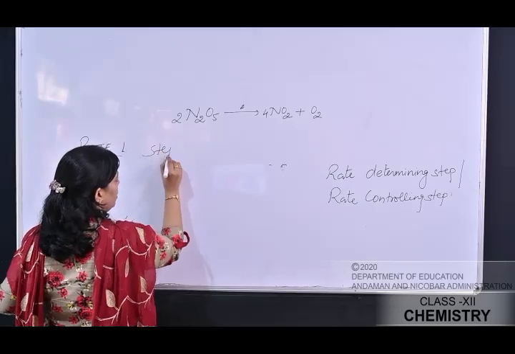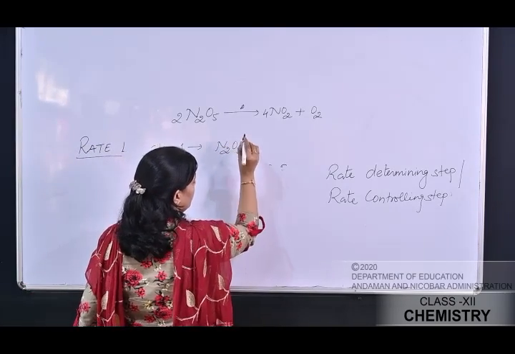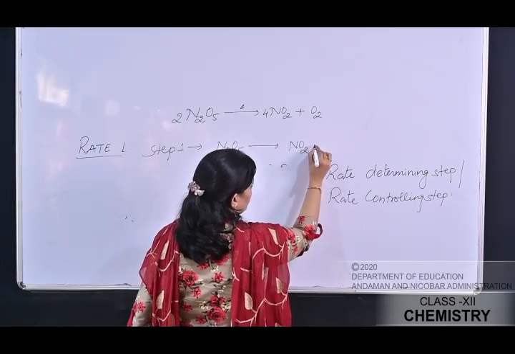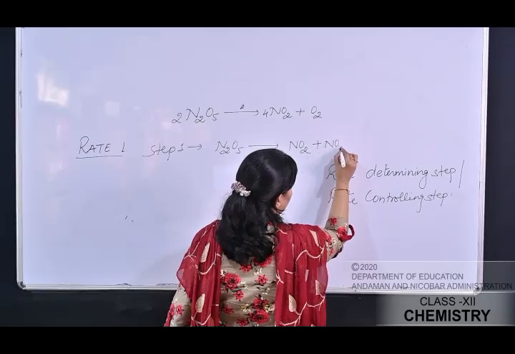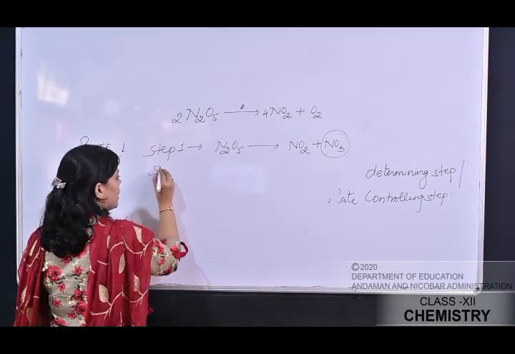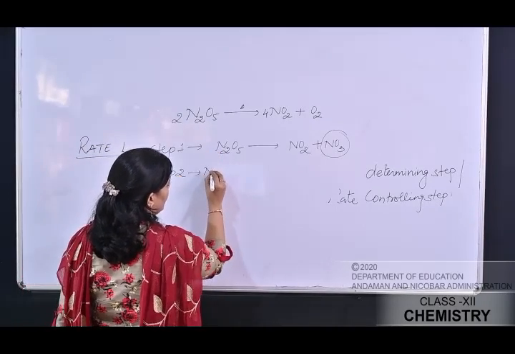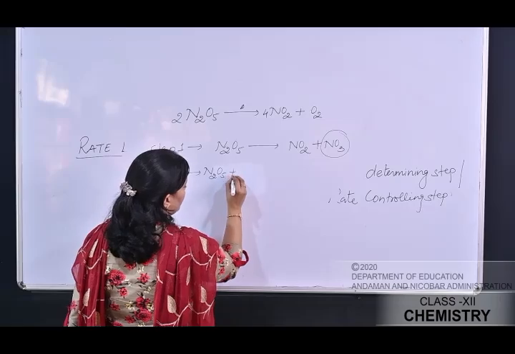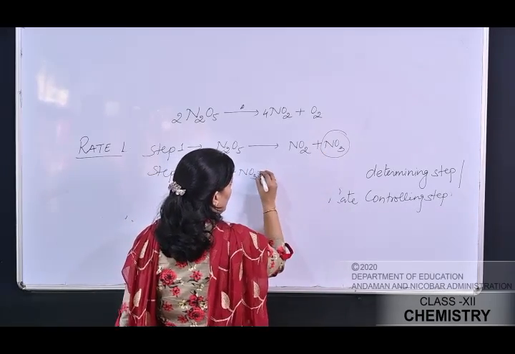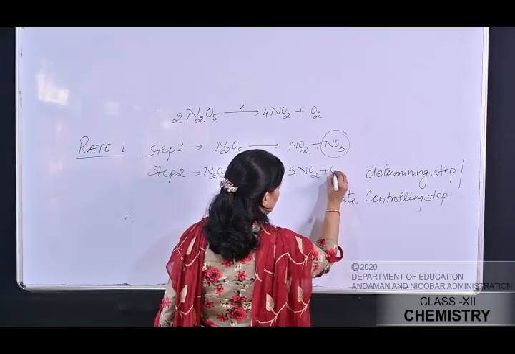In step 1, 1 mole of dinitrogen pentoxide gives nitrogen dioxide plus nitrogen trioxide. Here nitrogen trioxide is an intermediate involved in step 2, in which another mole of dinitrogen pentoxide combines with nitrogen trioxide, the intermediate formed in the first step, and gives 3 moles of NO2 plus O2.